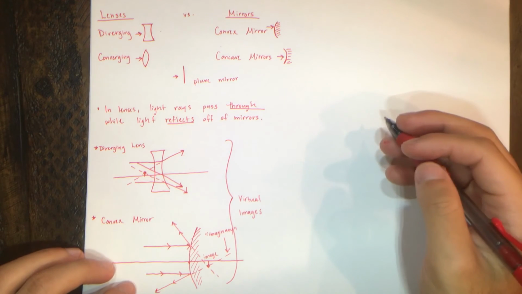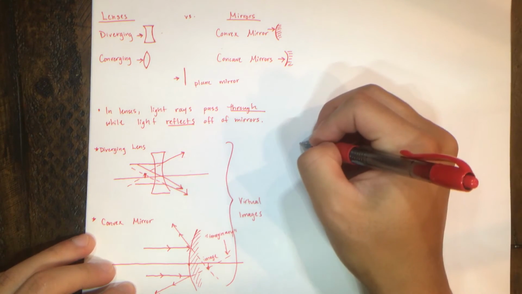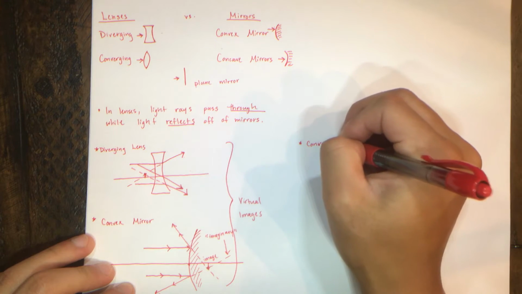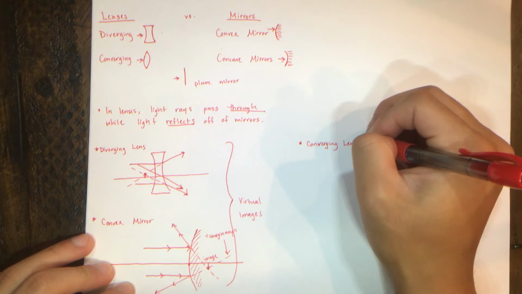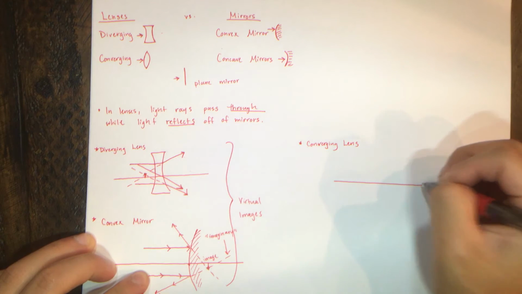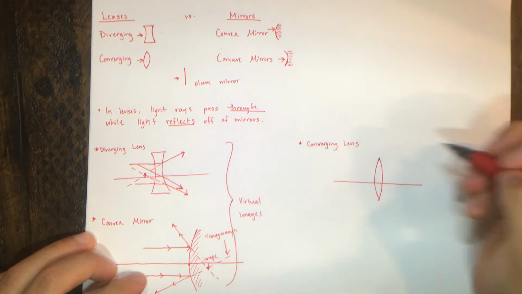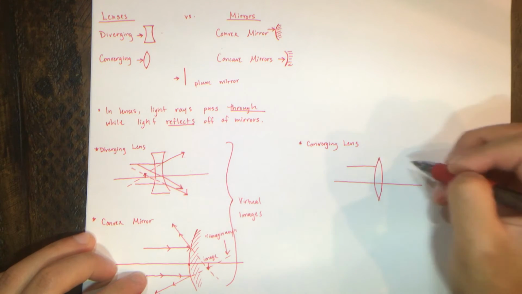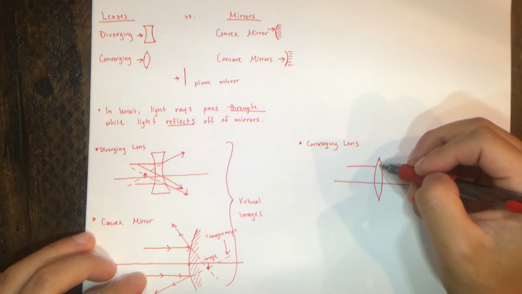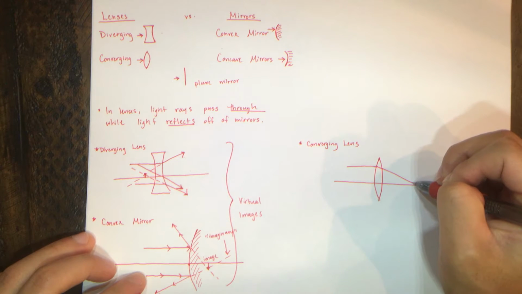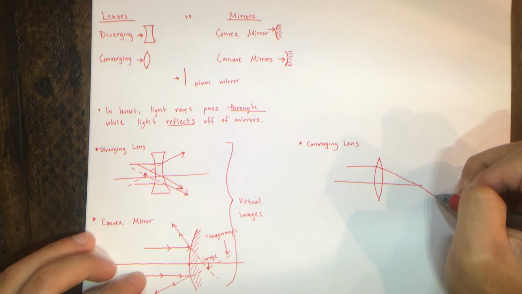Now as for the converging lens, if we have a light that comes this way, it'll do the exact opposite of a diverging lens. It'll refract this way. I'll just keep on drawing it.